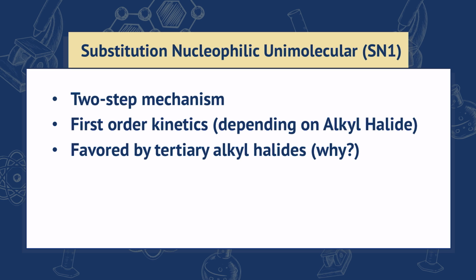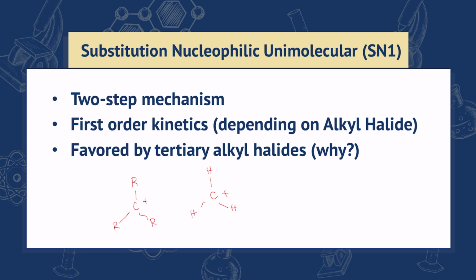So why is this the case? Well, let's say we have this carbocation versus this. Both of these carbocations are not as stable as if the central carbon achieved its octet rule or has 8 electrons shared.